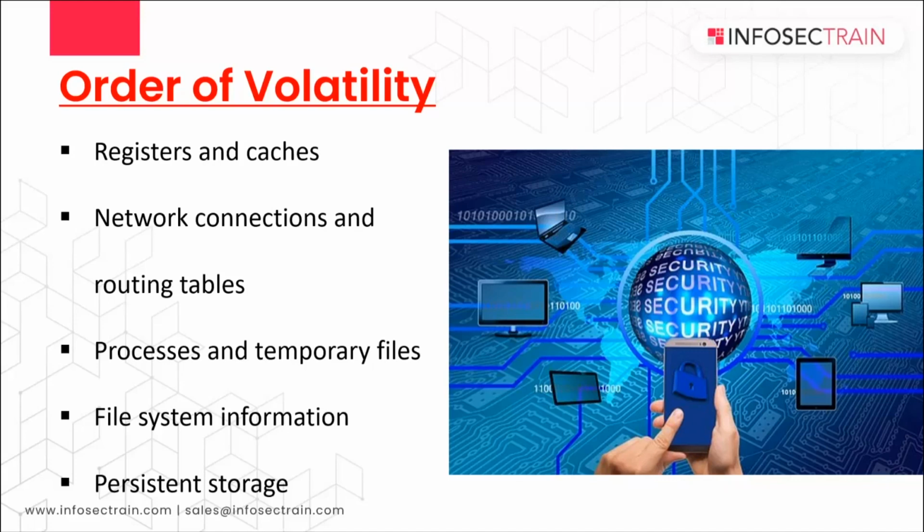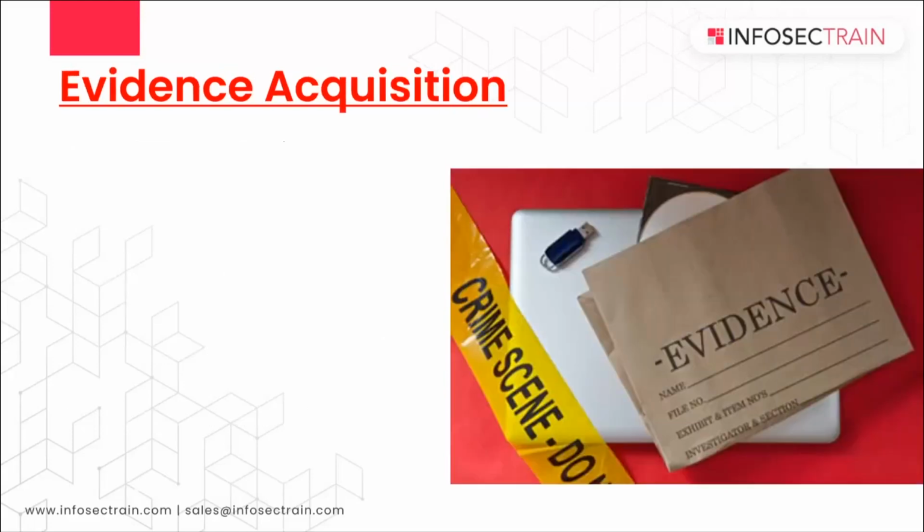So by following the order of volatility, digital forensics investigators can collect the most critical data first before it is lost or altered, right? So this helps to ensure that the evidence collected is accurate, reliable, and admissible in court, isn't it? So let's go ahead and understand the further topic, which is going to be evidence acquisition.